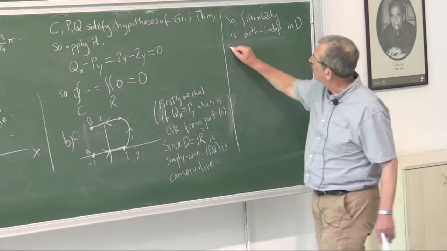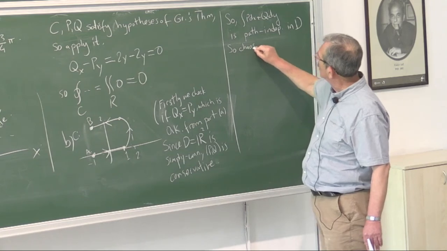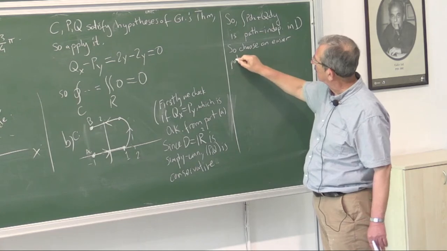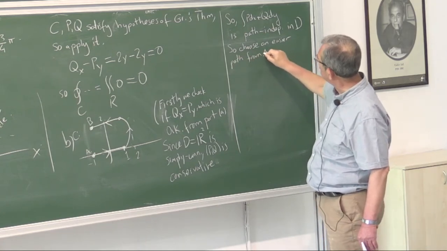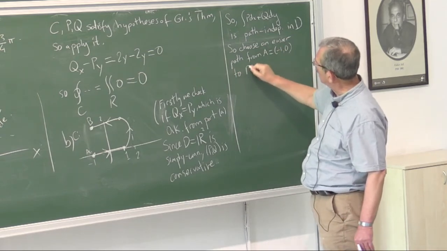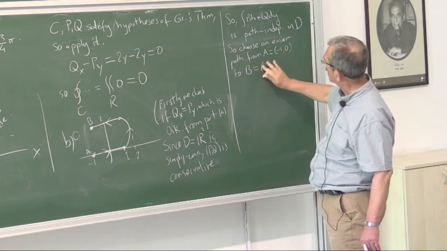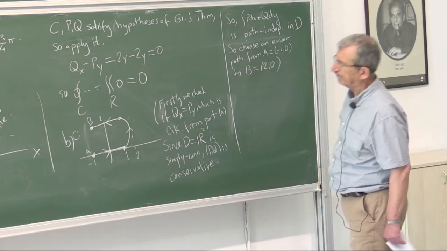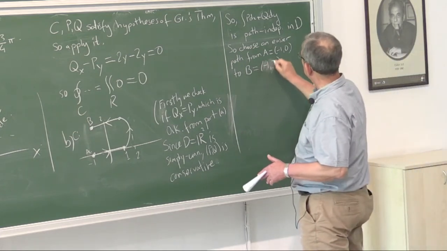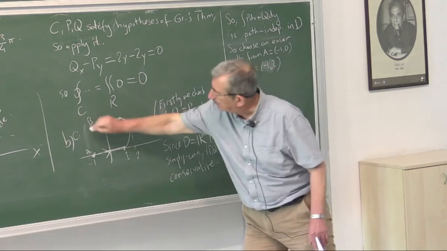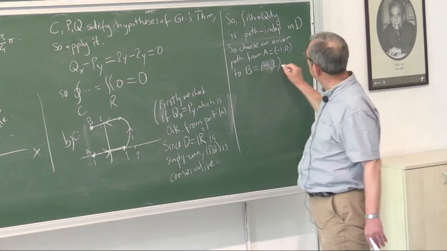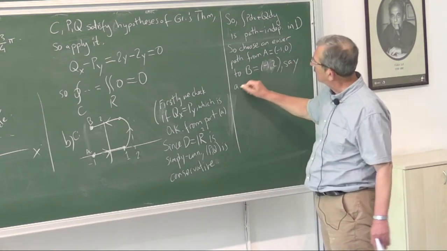So choose an easier, simpler path, from A, that is minus 1, 0, to B, which is minus 1, 2. A very easy curve which goes from A to B is a straight line.